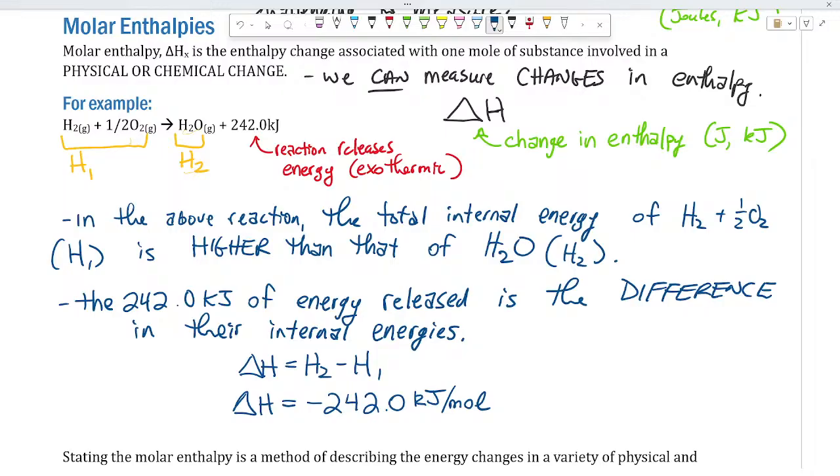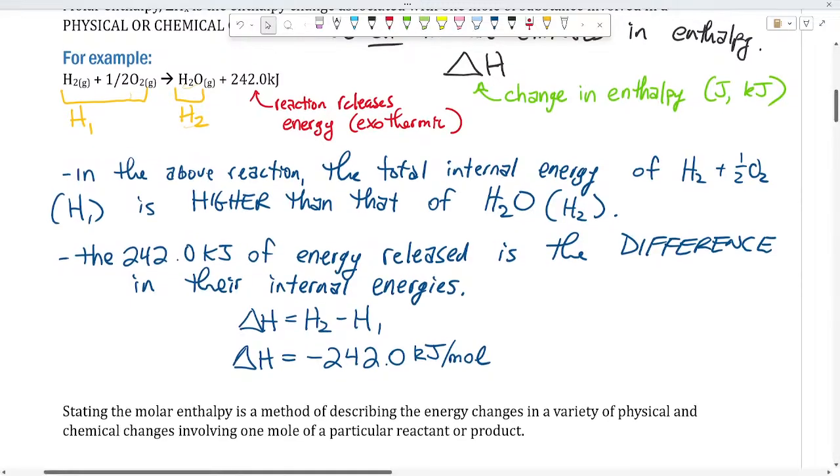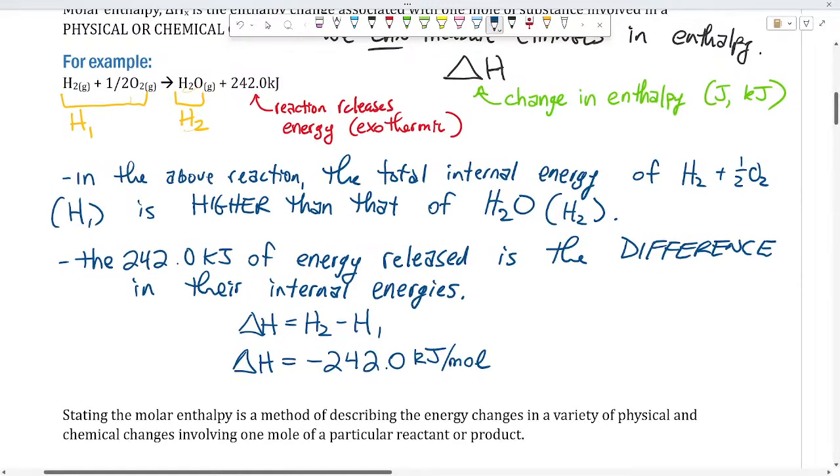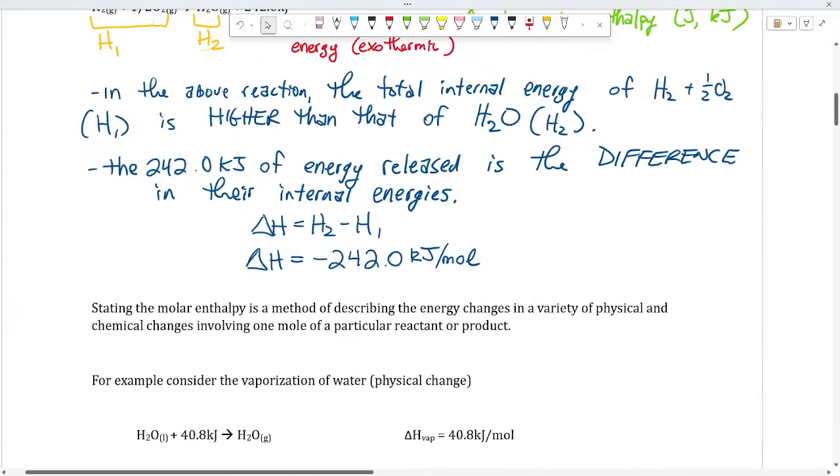We instinctively understand that the amount of heat that gets released depends on the amount of stuff you react, right? Does that feel intuitive? That's what this is saying: if we look at this reaction, every time we burn a mole of hydrogen, we release 242.0 kilojoules of energy.